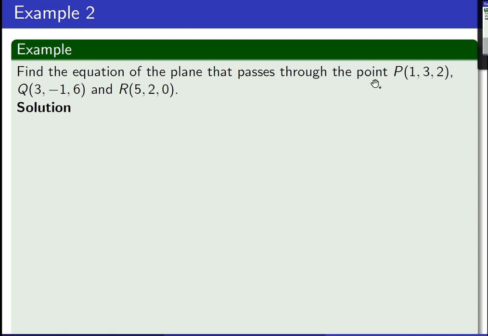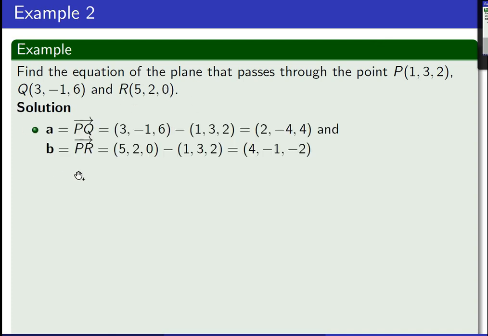So we need to find the equation of a plane that passes through these three points. As we have already said, in order to find the equation of a plane, first of all you need to find the normal. The normal is the line that is perpendicular to the plane, or to every single line that lies on the plane.